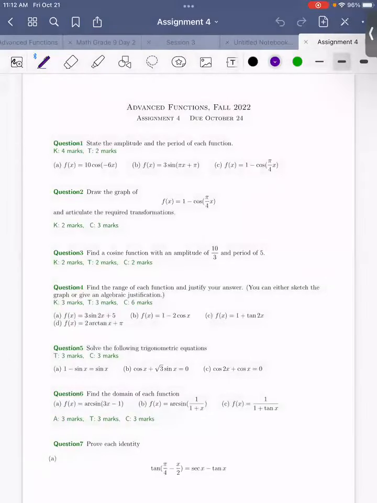Okay, so do you see the questions? Question 1 is quite straightforward because they want you to find the amplitude and period.